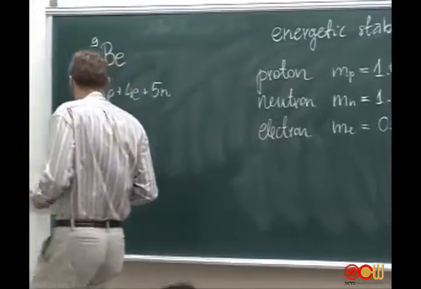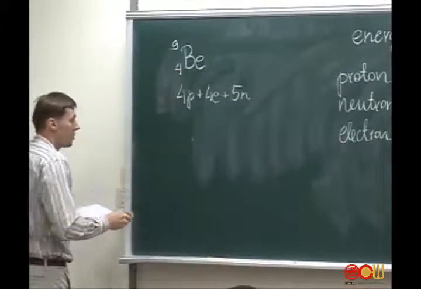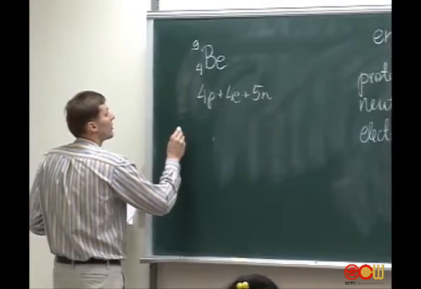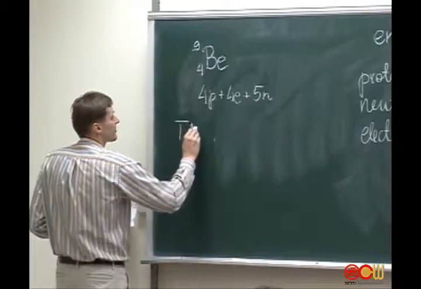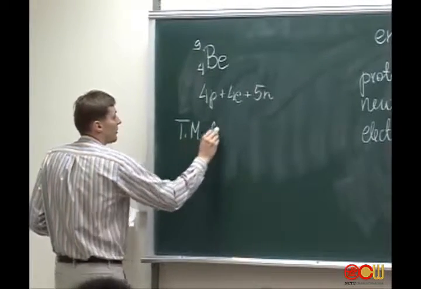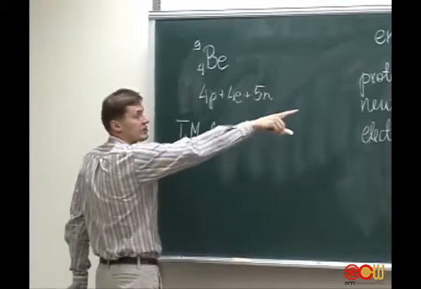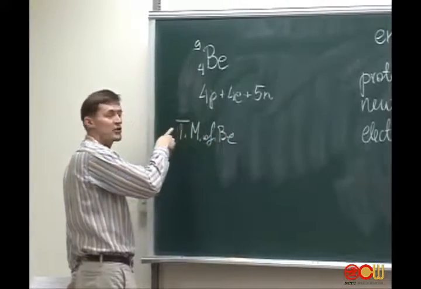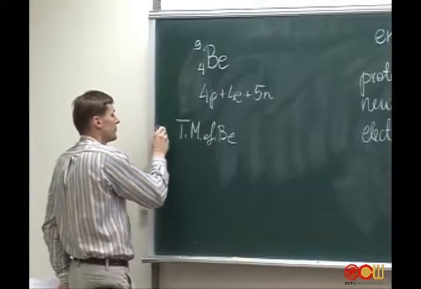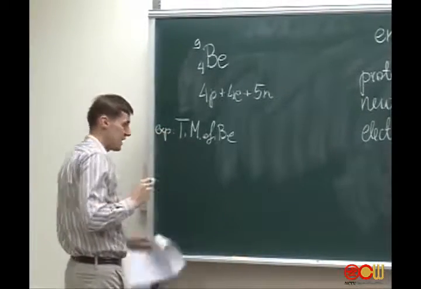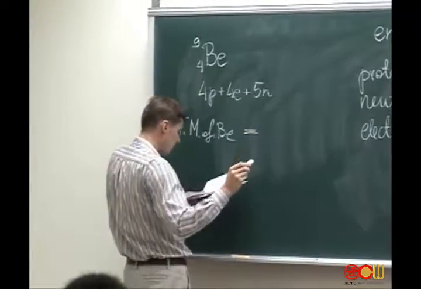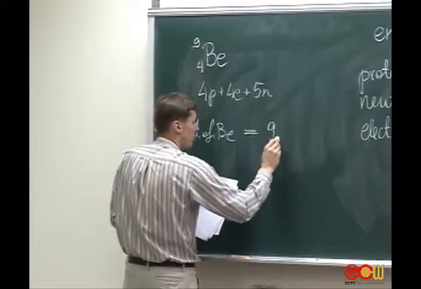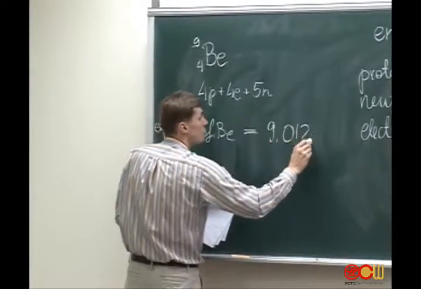You can measure this in experiment. So if you measure this in experiment, the total mass of beryllium atom would be 9.0122.